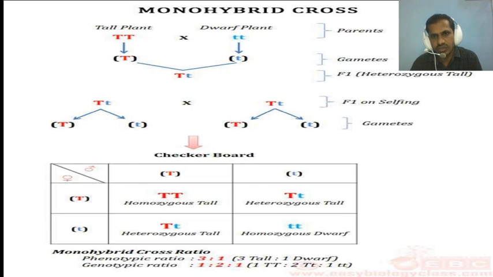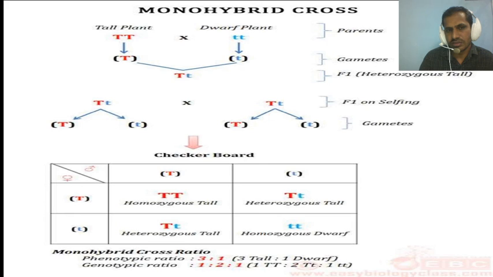Next we are going to see how the crossing occurs. This is the tall parent and the dwarf parent, pure characters selected for this experiment. The tall parent we write as capital T capital T, and the dwarf parent as small t small t.